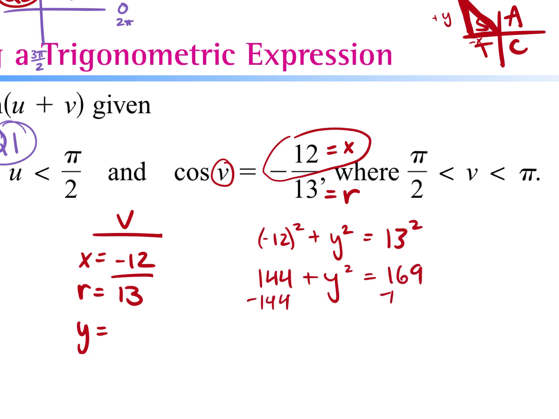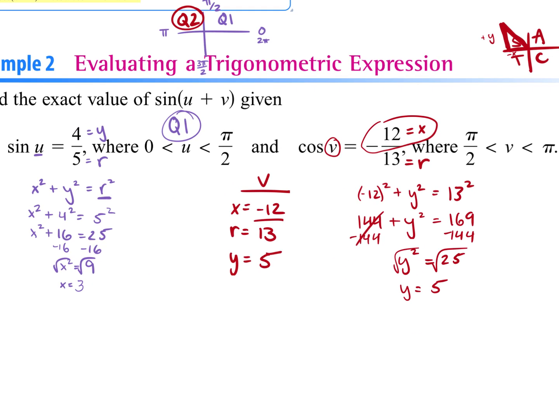Subtract 144 on both sides. Y squared equals 25. Take the square root. What does Y equal? 5. Perfect. And we said it was going to be a positive Y. So positive 5. So this is all of our important information for triangle V.